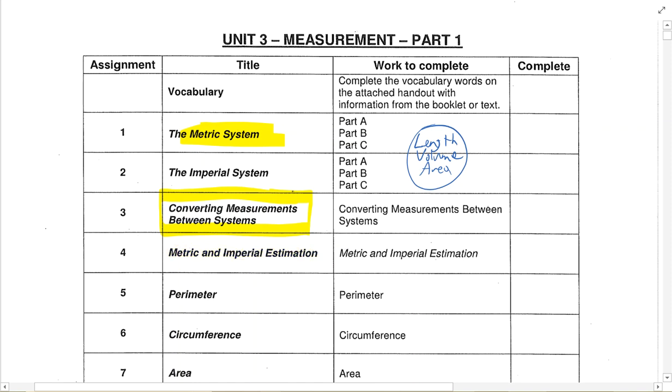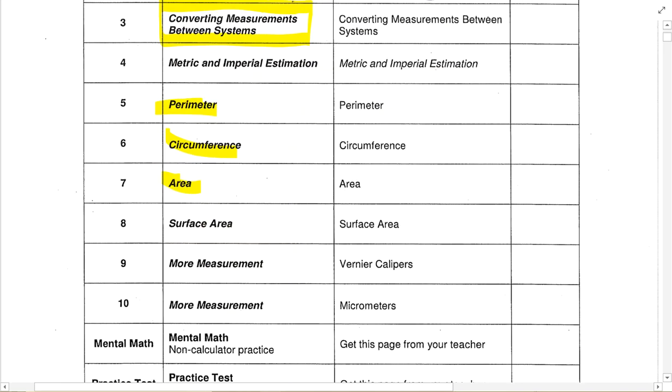You're not going to measure the diameter of a pencil in kilometers. Doesn't make sense. And you're not going to measure the distance between here and Chilliwack in millimeters, because that doesn't make sense. Then we'll do a little bit of perimeter, a little bit of circumference, a little bit of area, and a little bit of surface area, using our different units.